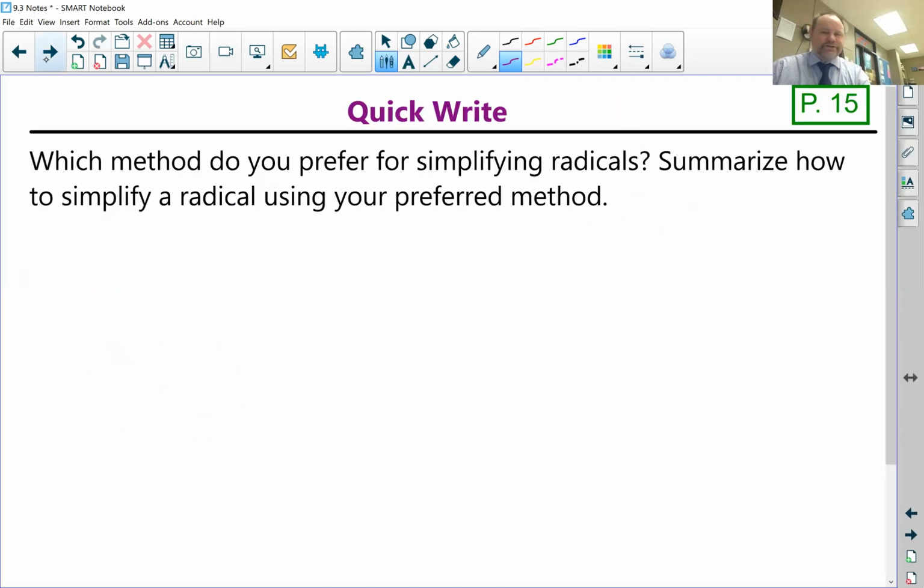All right, I'm going to give you just a minute. Write down which method you prefer, the tree method or the perfect square method, and then summarize how you use that preferred method.